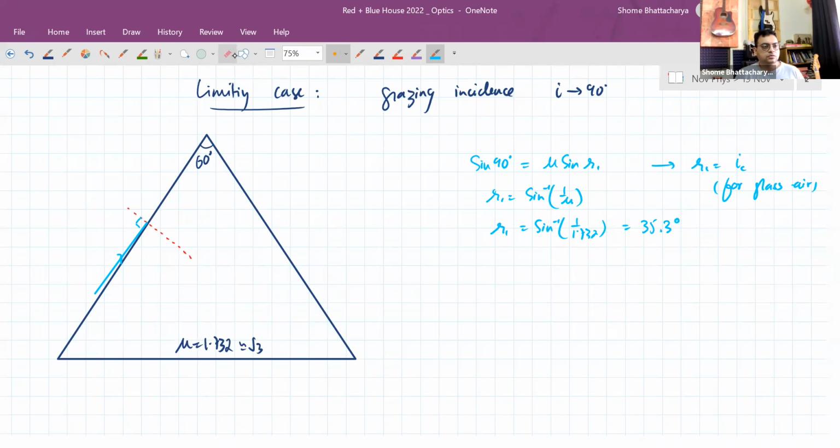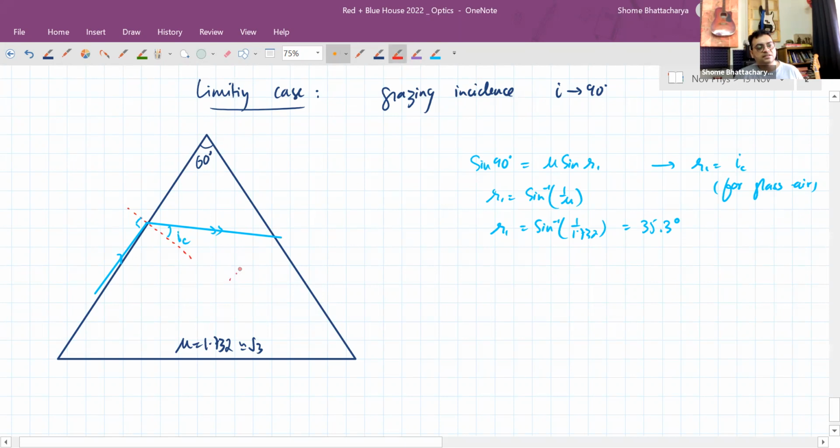So first of all, this is what my refraction at the first stage will look like. This will become critical angle.